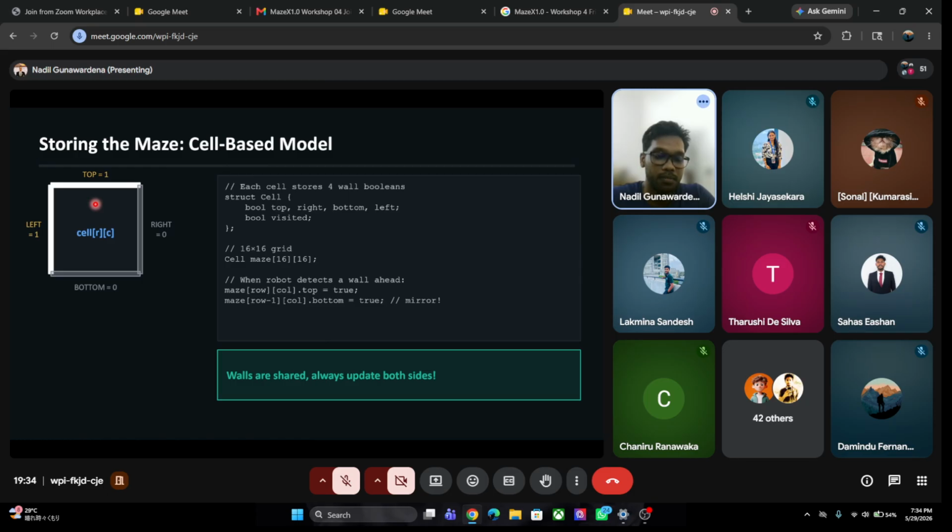So when updating the walls, you need to mirror that wall. That means walls are shared, right? This top wall is shared by this cell and the cell above it. And let's say there is a wall on the left also, like in this example. Then you need to update the cell R, C minus 1 also.